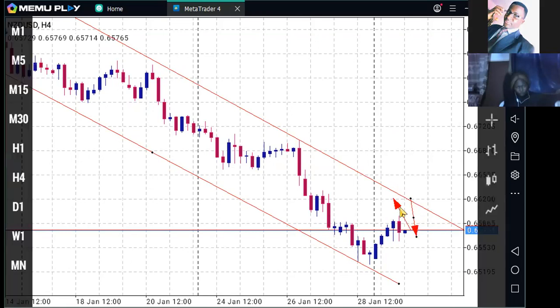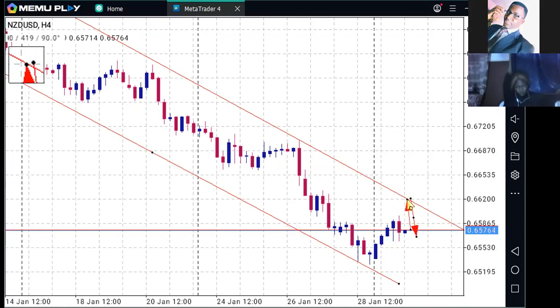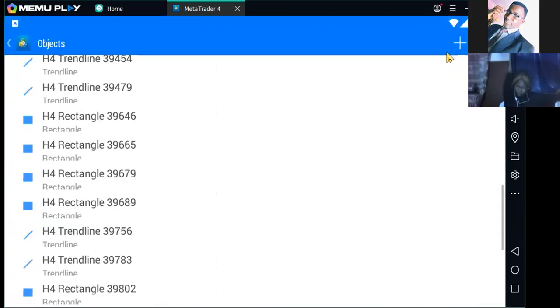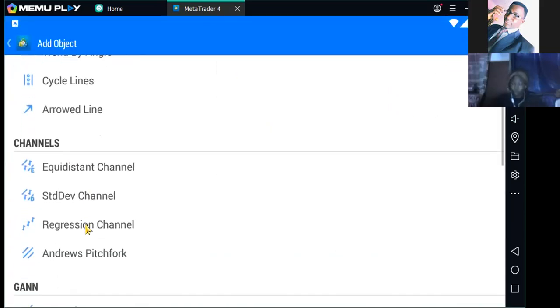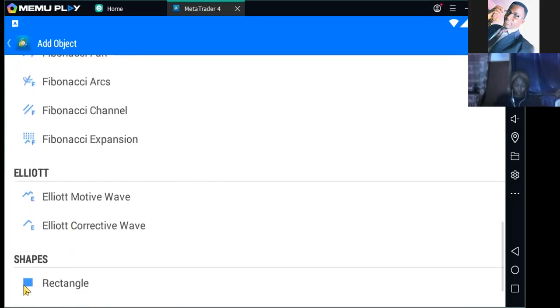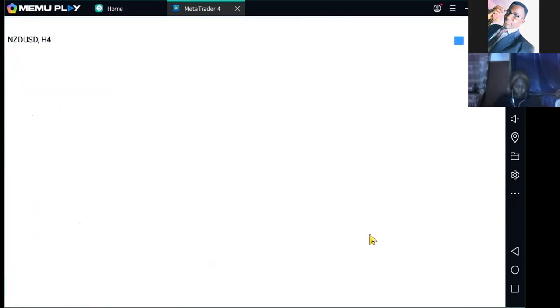Could have a reaction to the downside once we have price hitting that line, or we expect price to push upwards. So we could have a reaction to this level if that trend line is correct. So that's how to work with the trend line.